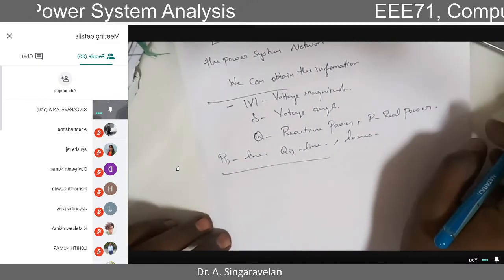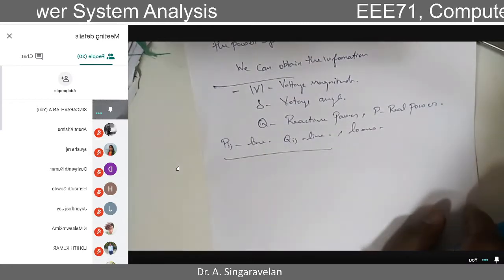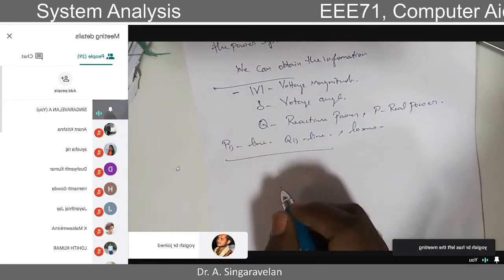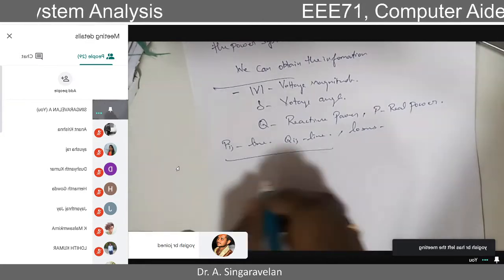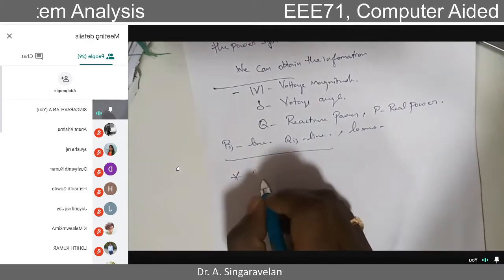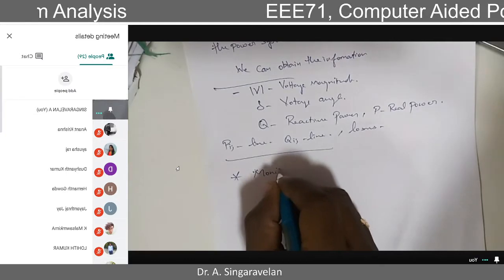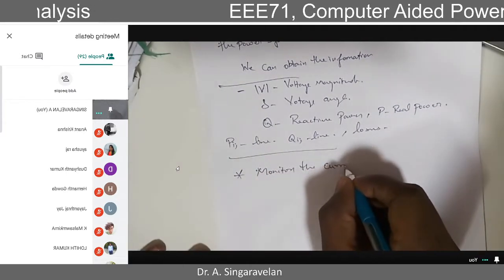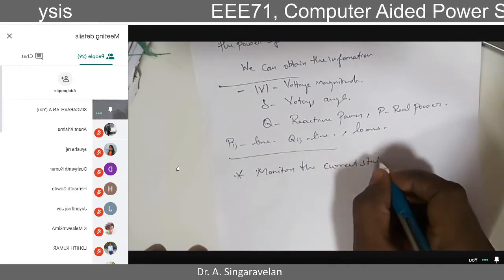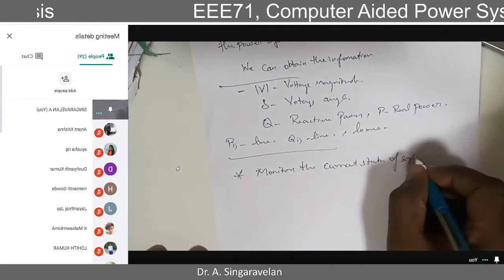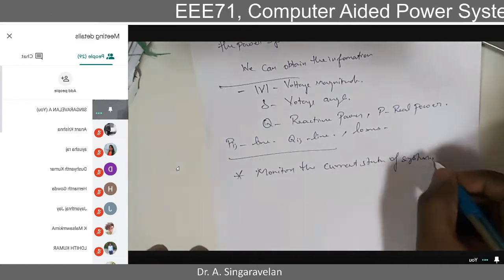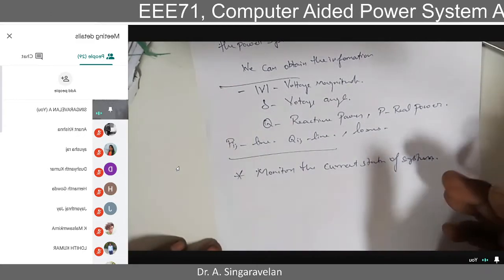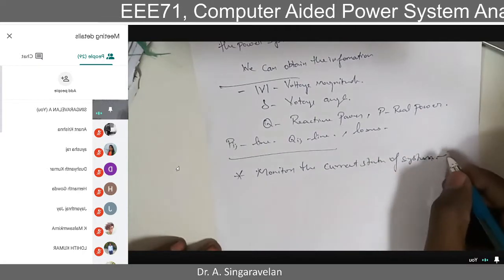No, sir. Okay, fine. And also from this load flow study, we can continuously monitor the current state of the system. Why do we need this current state? How the system is performing, we need to continuously monitor this. Why is it needed?